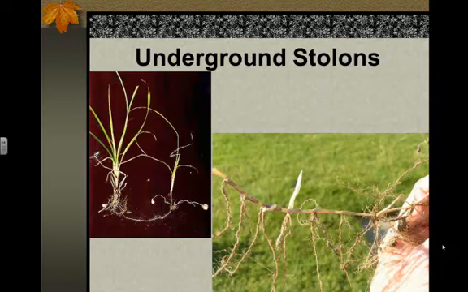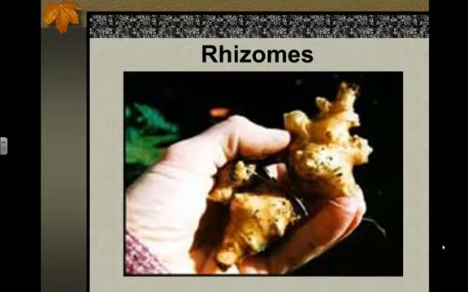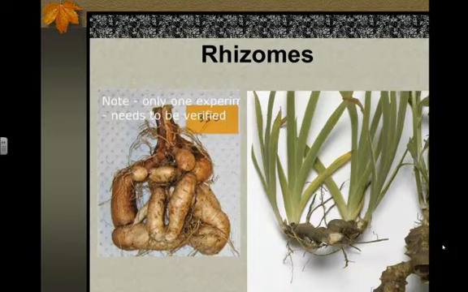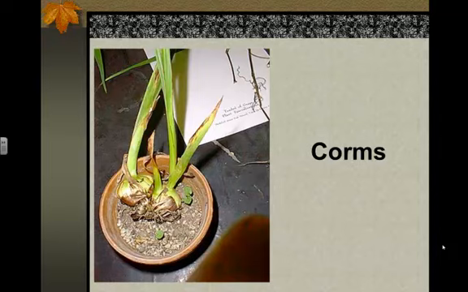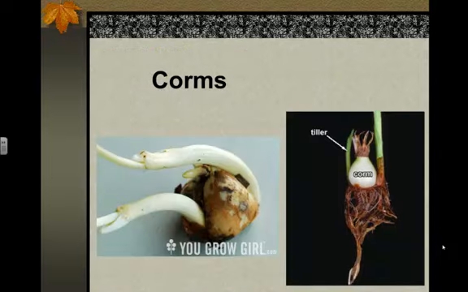An underground stolon is actually a stem. We've studied rhizomes. I think that's ginger, a ginger root, which is really a rhizome, not a root. There's your irises on the right. Corms to me look like bulbs almost, but there's some differences inside.